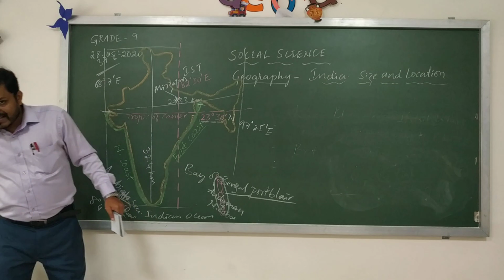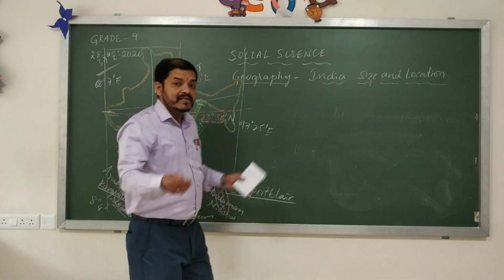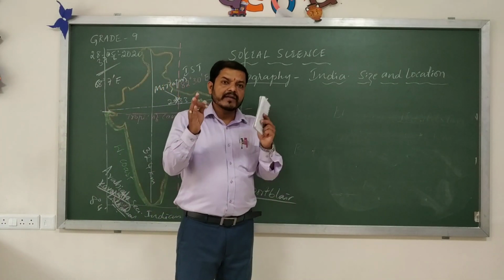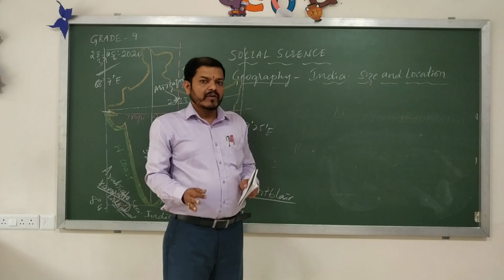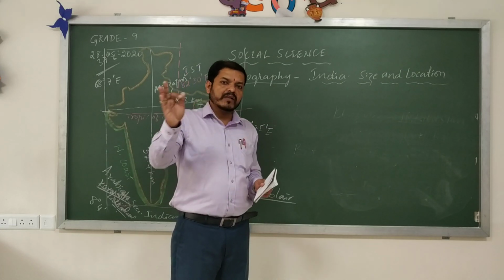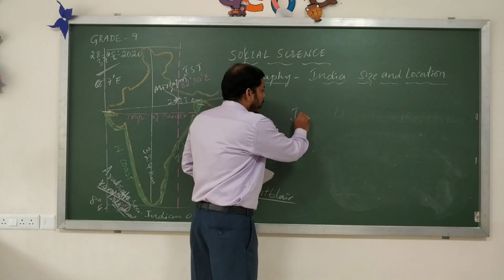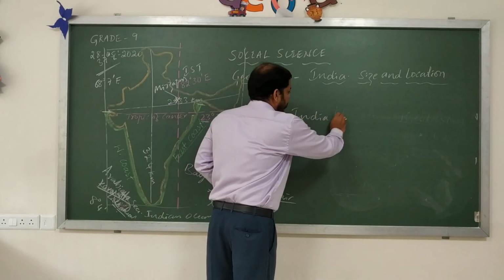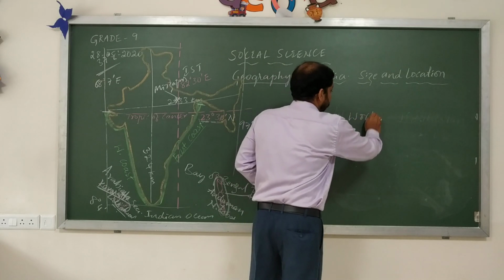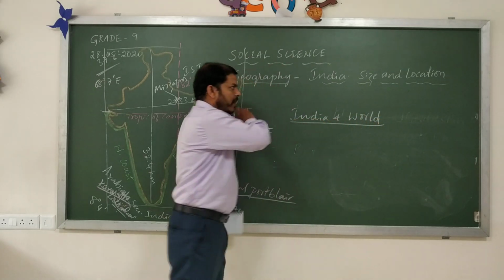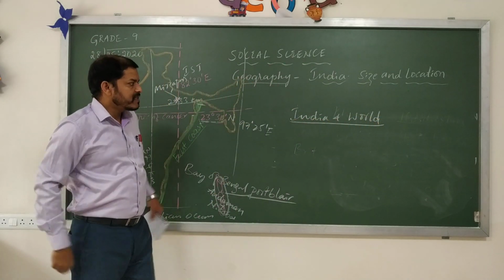I already explained where the country is located and what its size is. All the information, the latitudinal and longitudinal extent, we also studied. Now we have to discuss India and the world. Where is the country located?